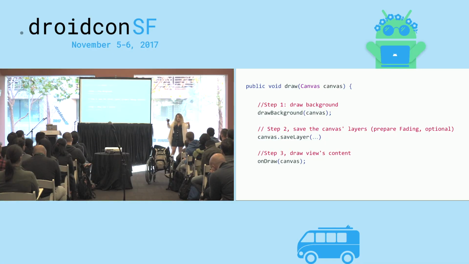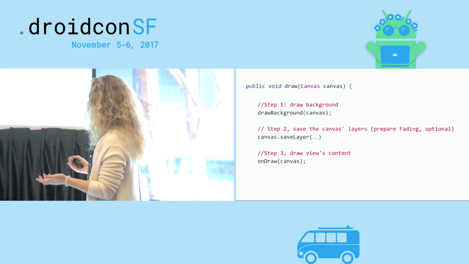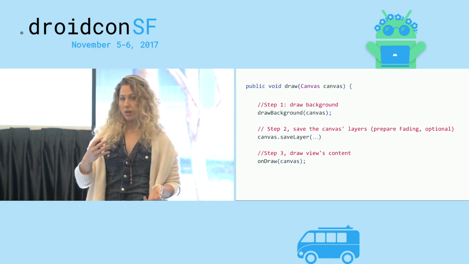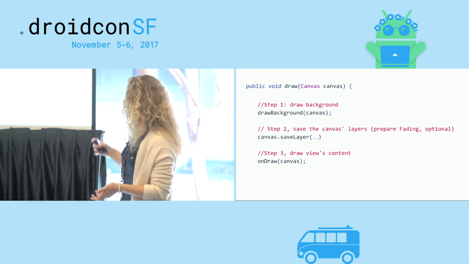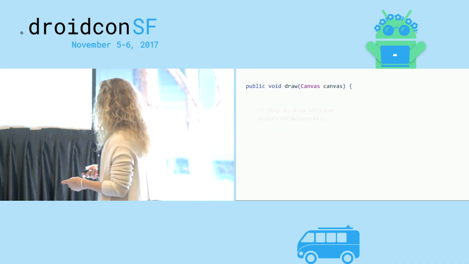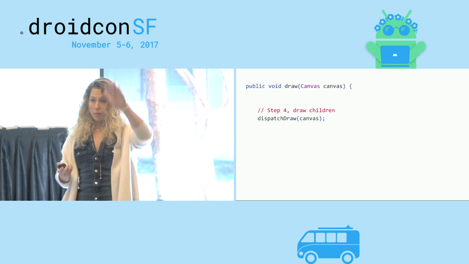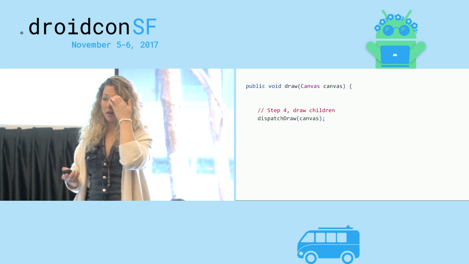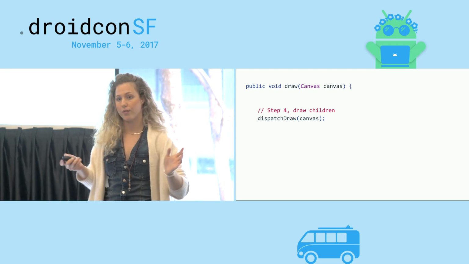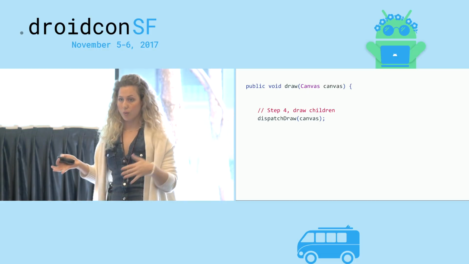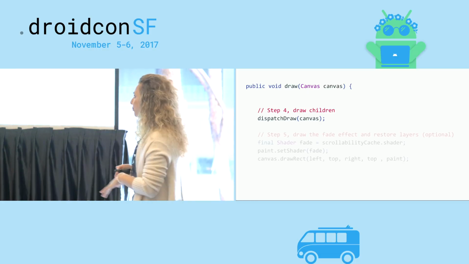The onDraw is what you override when you create your own views, for example, and it's going to draw the content of the view. Next thing would be to draw the children. Like I told you, we're going to have a pass on the view hierarchy here too. So we're going to draw all the children.